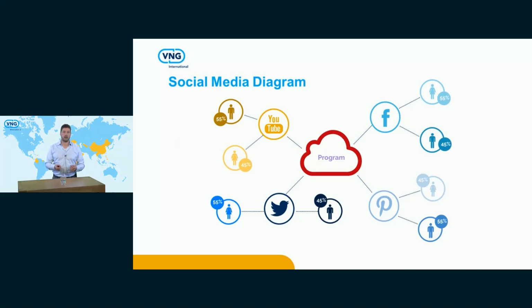And I think my last slide, the social media diagram. We of course have our own portal, but there are also very active networks within the different kinds of social media as well. What we try to do is also on these social media methods, we share the information on our program.